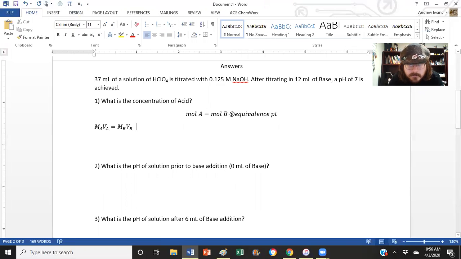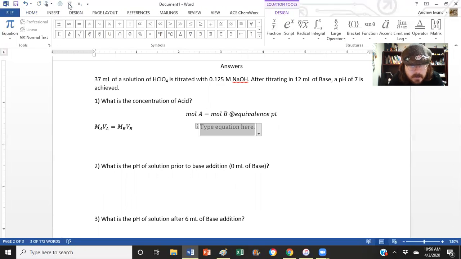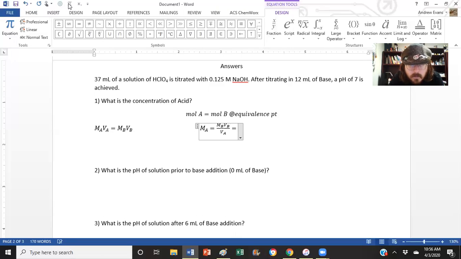So shifting that equation around to solve for molarity of acid, we're going to say MA equals MB VB over VA. Or essentially, we have our molarity of base, 0.02125 molar, times our volume of base, 12 mL, divided by our volume of acid, 37 mL.